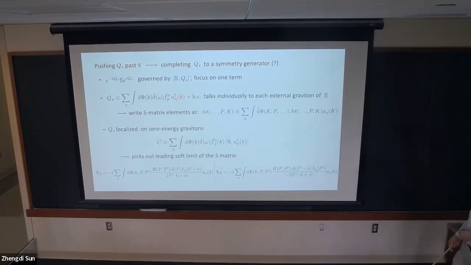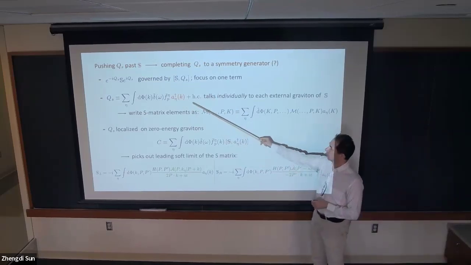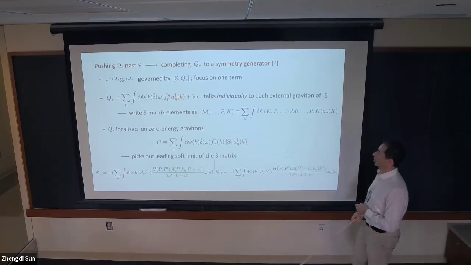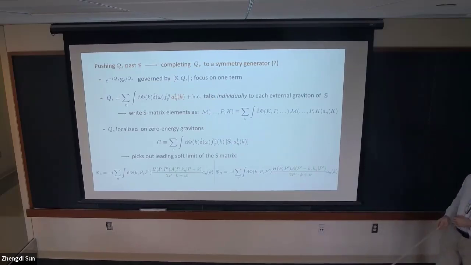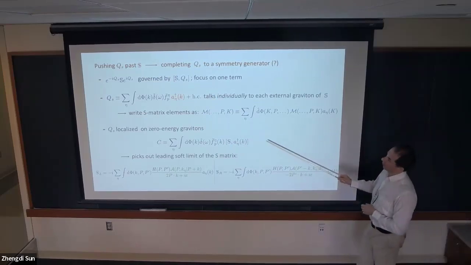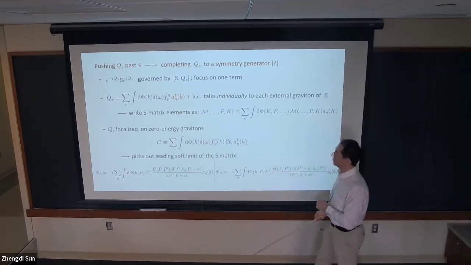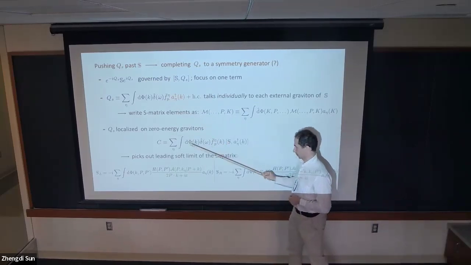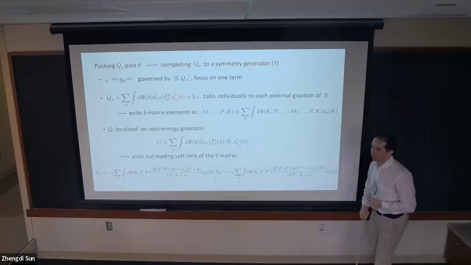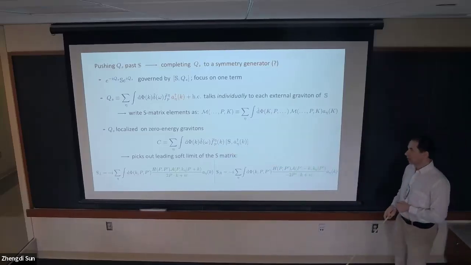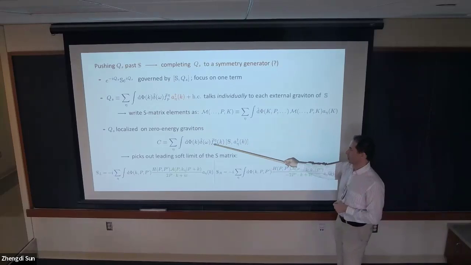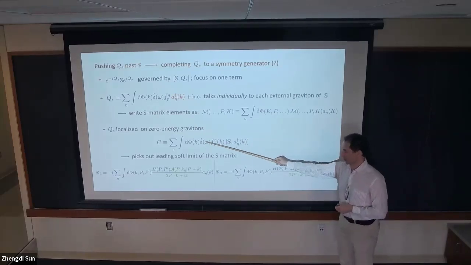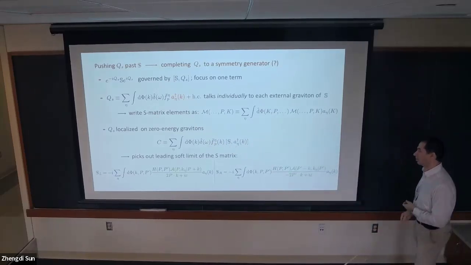and we'll see that that in fact is a reasonable hope. So Q_S is what I wrote before, and because it's linear in creation operators, it talks individually to all the external gravitons of the S matrix, and because it's localized on zero frequency, it wants those gravitons to be in the soft limit. So in that limit, and in fact, it's the leading soft limit just because this is nominally identical.